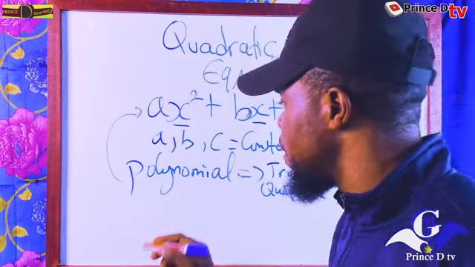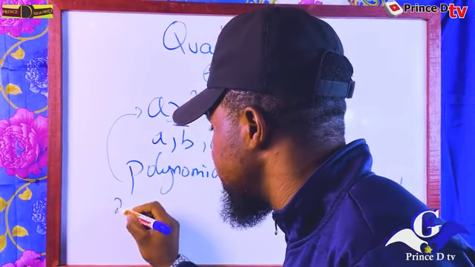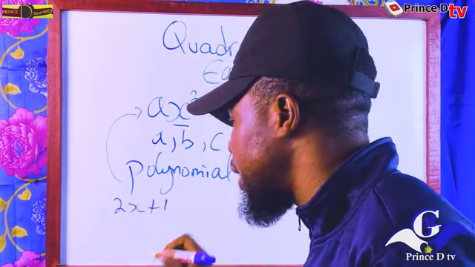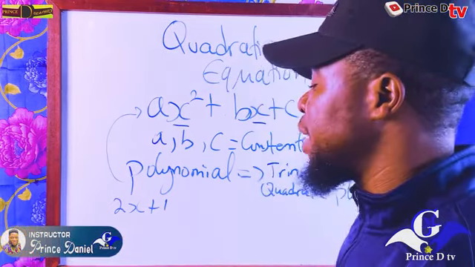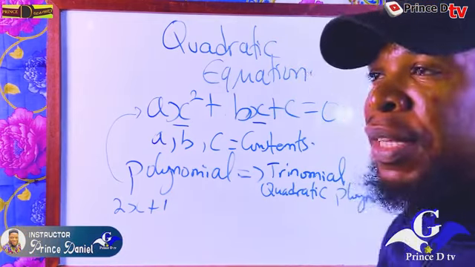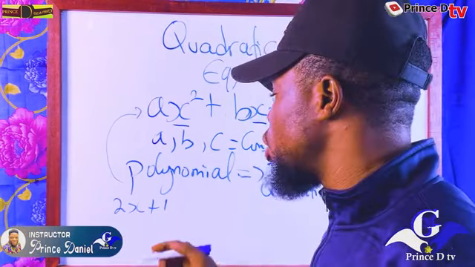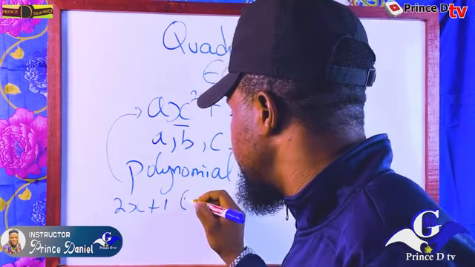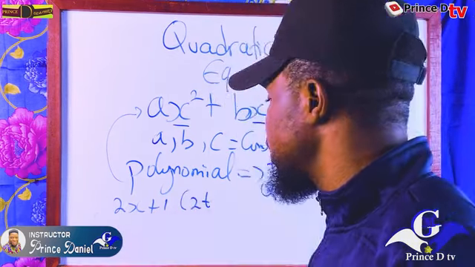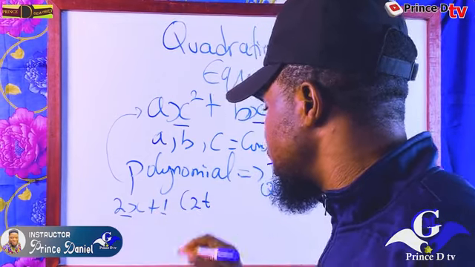So an example of a polynomial is 2x plus 1. So we make mention of terms, sums of terms being multiplied by variables. So this is a polynomial with 2 terms. This is a term, this is another term.